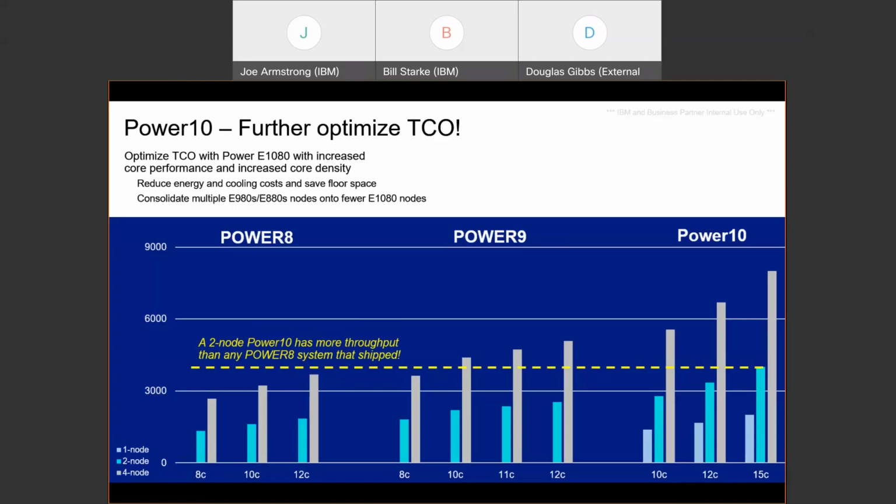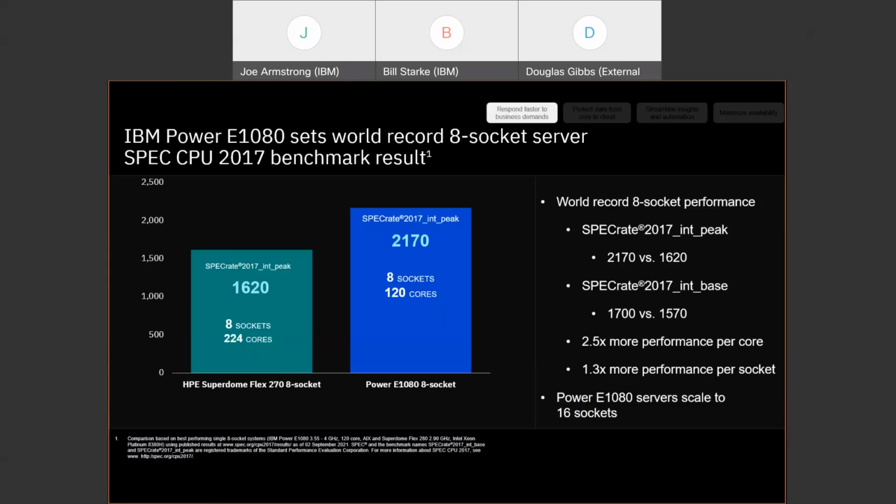So this has all been comparison of Power10 to other Power systems. But if we compare it to some Intel systems, this is SPECint, and of course there are a lot of different benchmarks out there. But integer operations are pretty popular, and I think this is pretty telling.